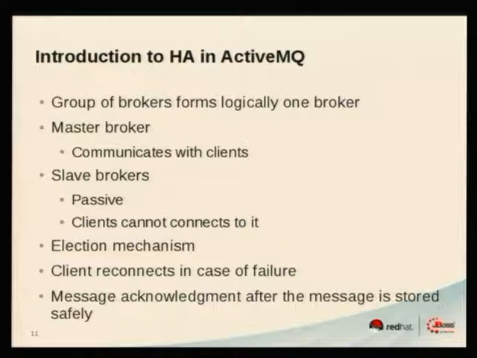And the client also needs to know how to connect to each of the brokers. In a simple scenario, it has the addresses of all brokers, and it tries to connect to all of them, but only one of them will accept the connection because it's the master. The other brokers are in slave mode, so it's passive mode, and they will not communicate with it.